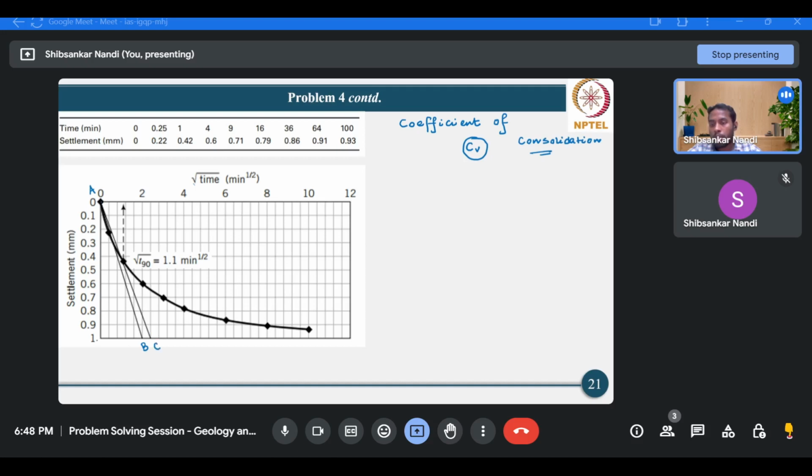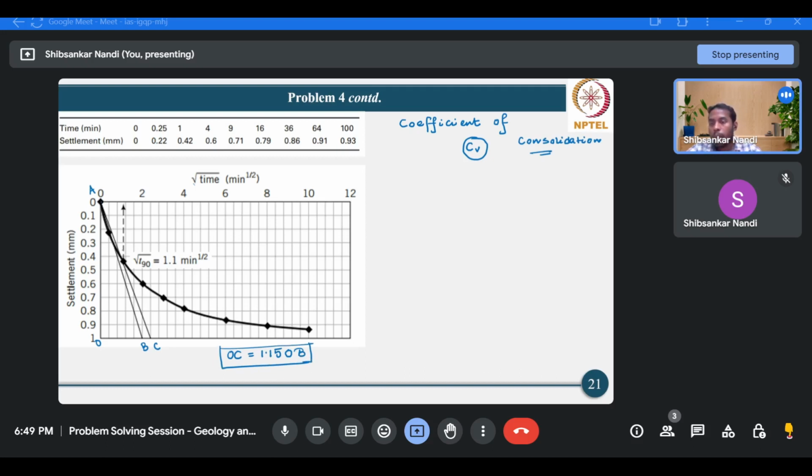Suppose this is your O. We'll draw the second straight line AC in a fashion that OC becomes 1.15 times OB. This is prescribed by Taylor.